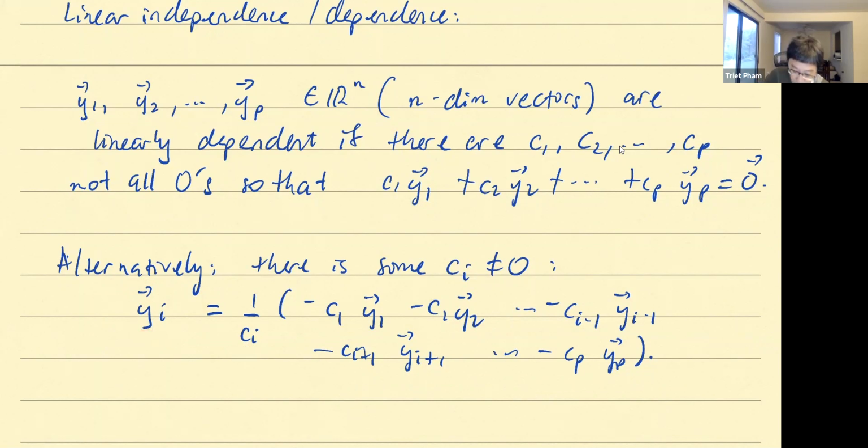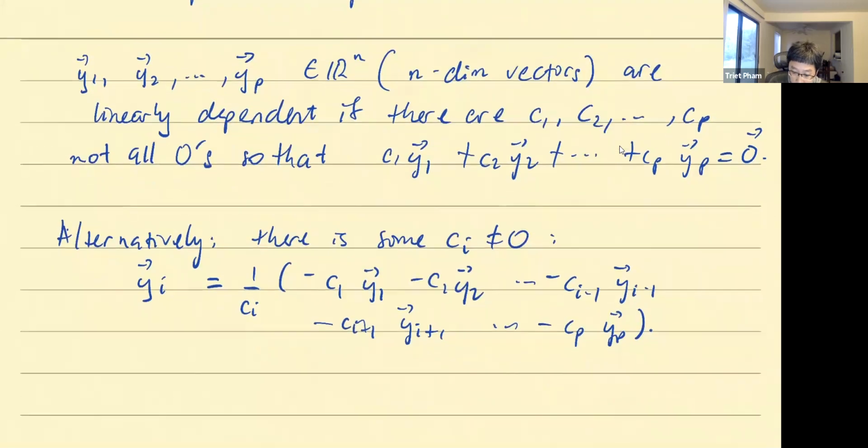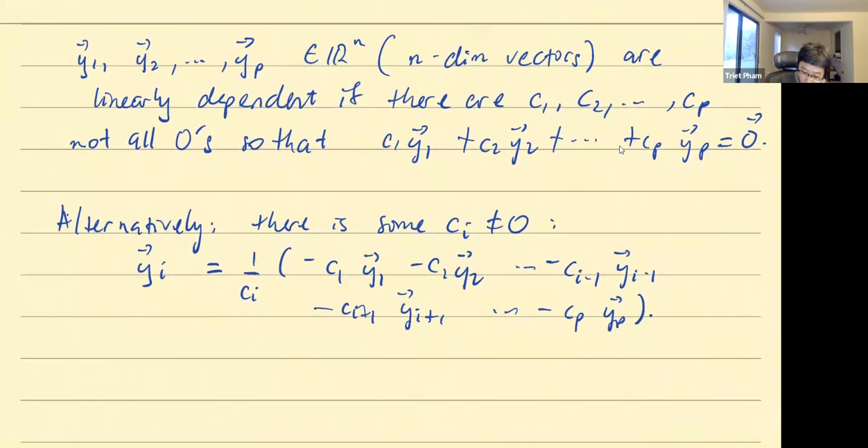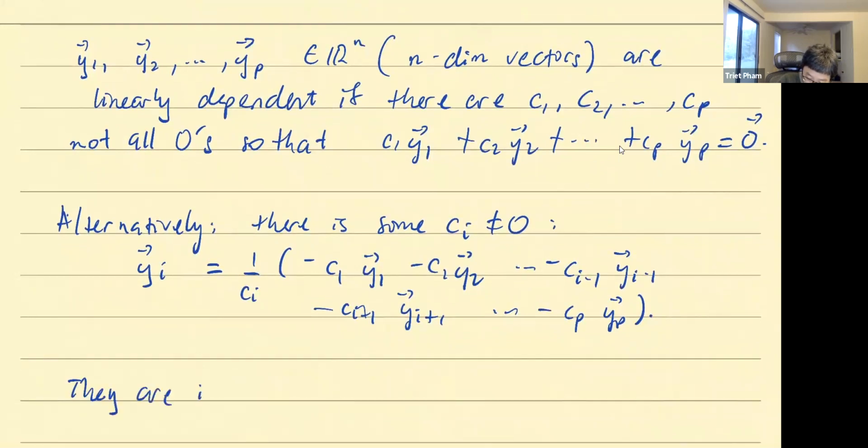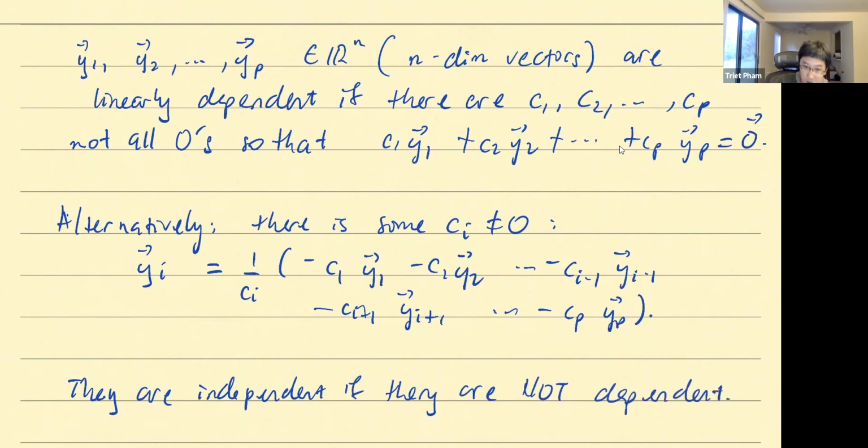So any of these are equivalent facts to say they're dependent. And they are independent if they're not dependent. That's simple.